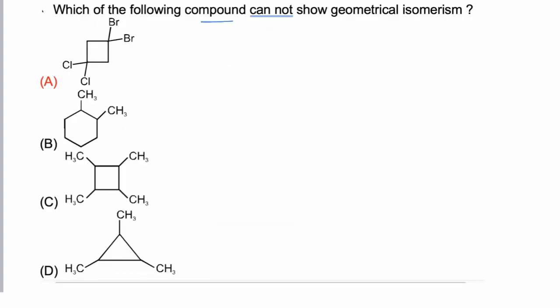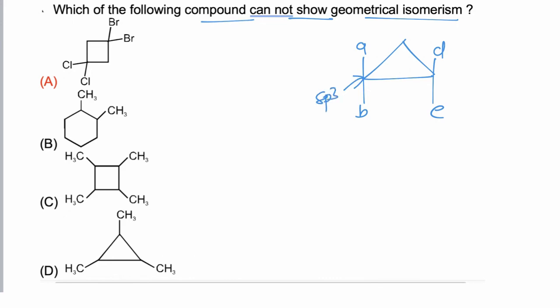Which of the following compounds cannot show GI? All the given compounds are cyclic, and for any cyclic compound to show geometrical isomerism, it must contain a minimum of 2 sp3 hybridized atoms which individually have different units attached to them.